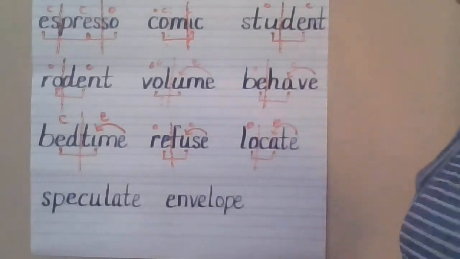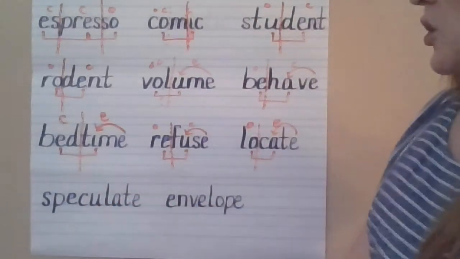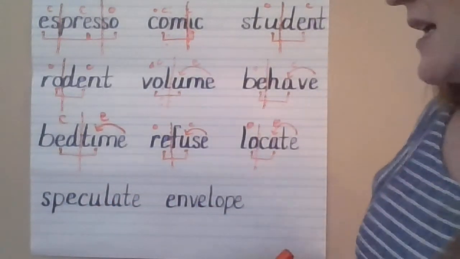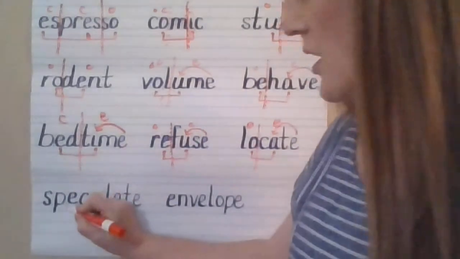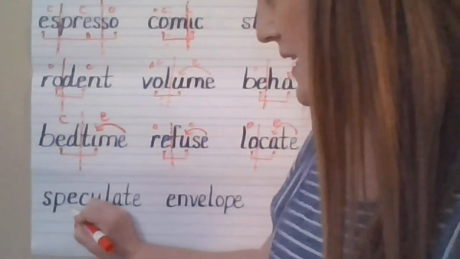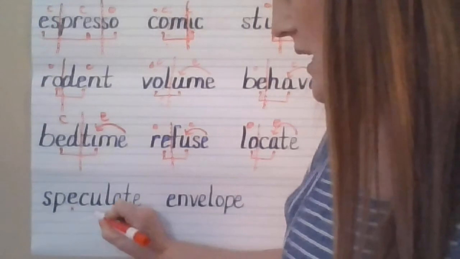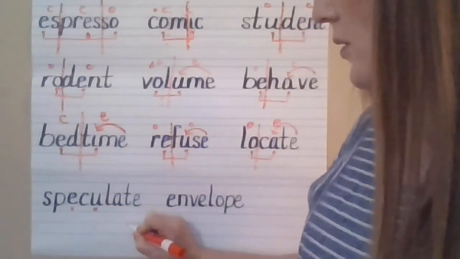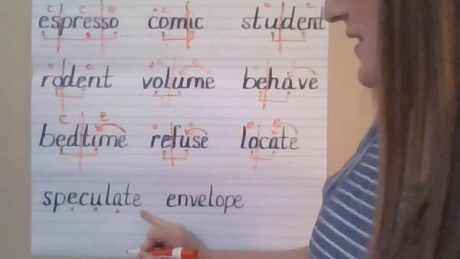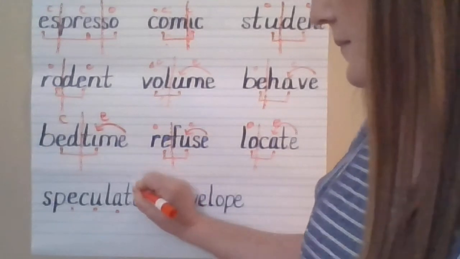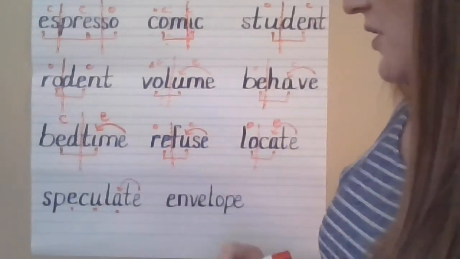Now, down here, I have some words that are a little bit longer. So let's find our vowels. E, good. U. Oh, here's an A. What about this E? Silent E. Put it with the A. Very good.